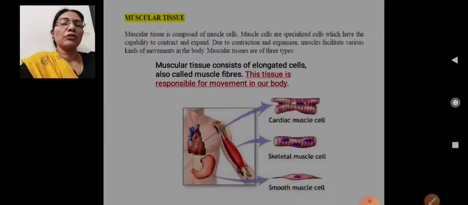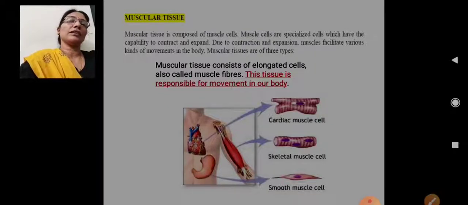But the movement of the heart, the contraction and expansion or beating of the heart, we cannot control. The peristaltic movement, the movement of the muscles in the alimentary canal or digestive system, we cannot control either. We have no control over it.